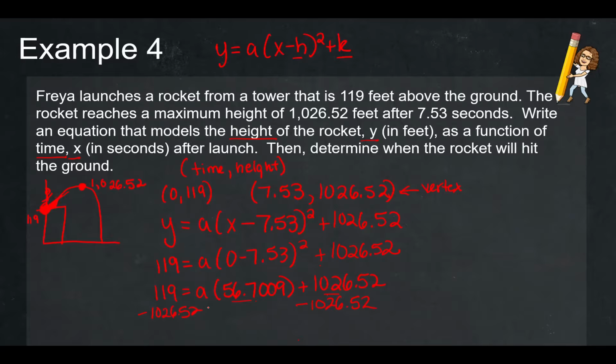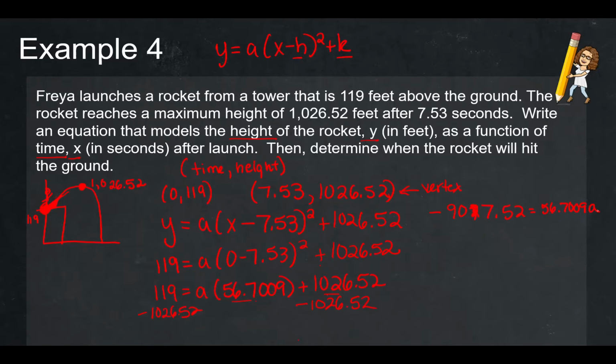So I get 119 minus 1026.52. I'm going to get negative 907.52 equals 56.7009a.